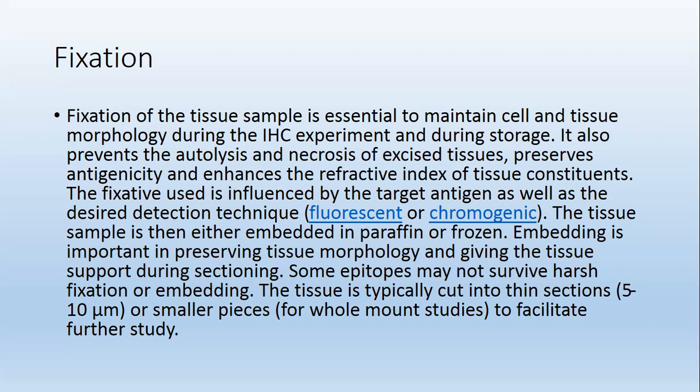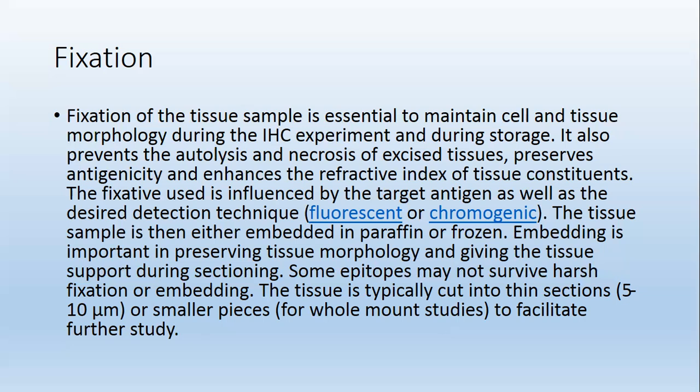The fixative used is influenced by the target antigen as well as the desired detection technique, that is, fluorescent or chromogenic. The tissue sample is then either embedded in paraffin or frozen.